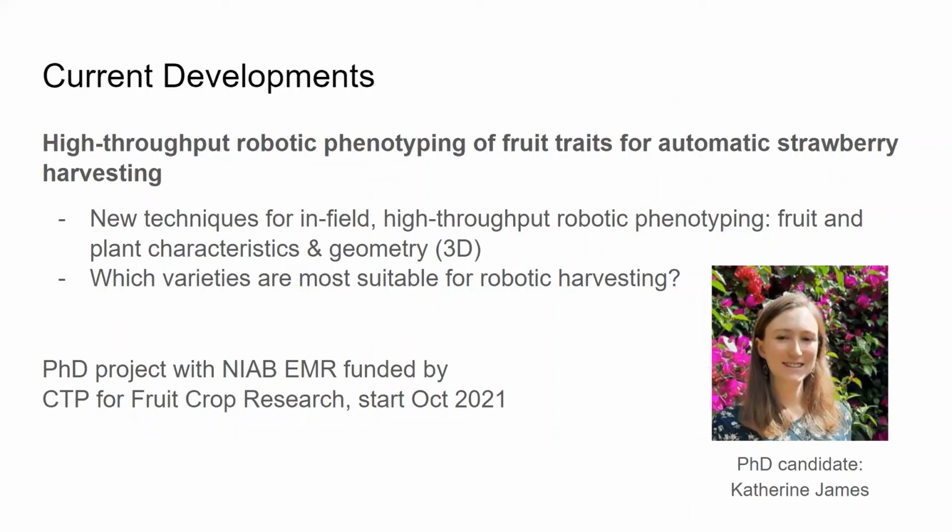We've noticed in the past couple of years that some of the varieties are easier to pick, but we don't yet fully understand which traits are responsible for that. So this is an interesting project, and I hope in a couple of years Catherine and myself will be able to report more on these findings.